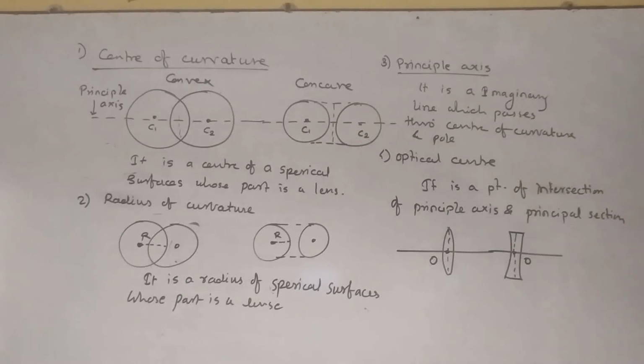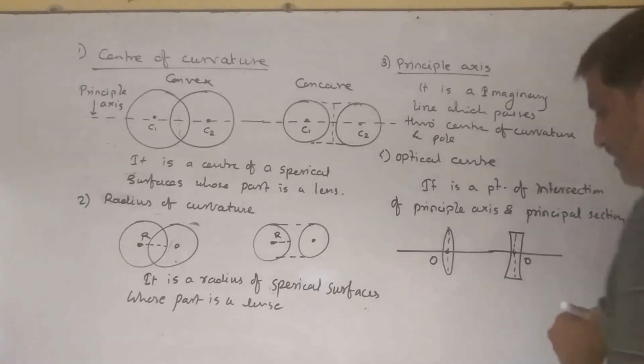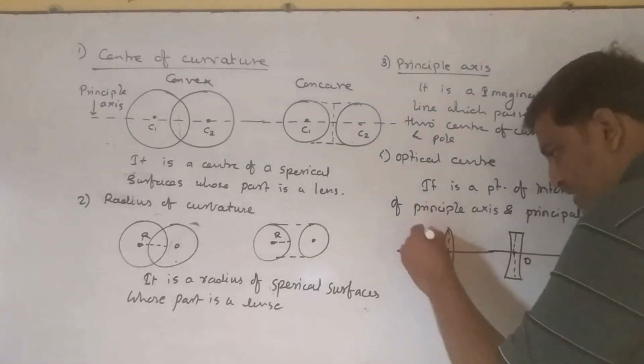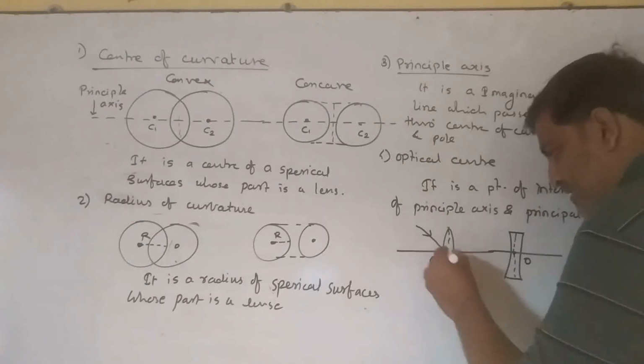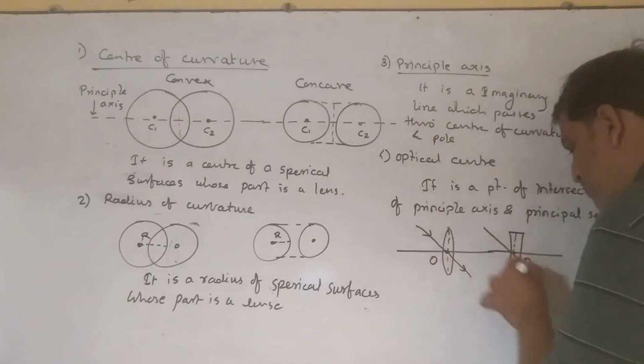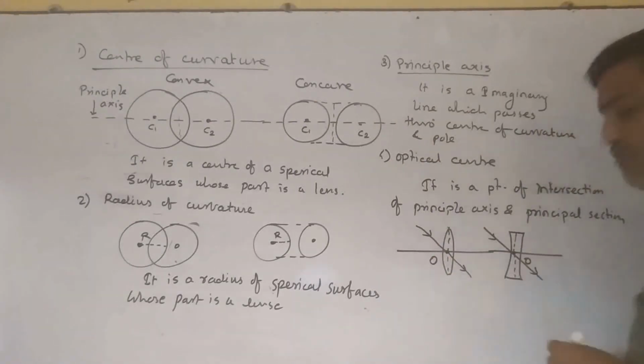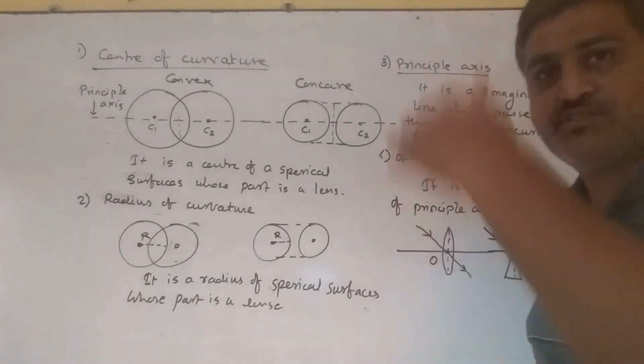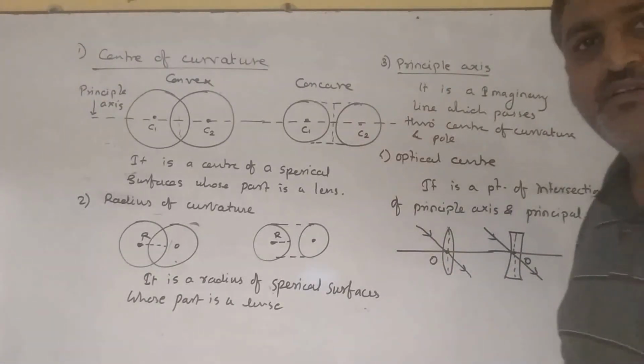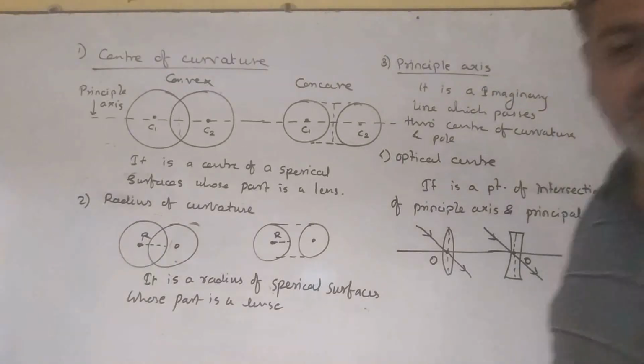Okay. Next concept. If the ray of light passes through the optical center, then it is undeviated, directly incident. When the incident ray passes through the optical center, then it is undeviated.